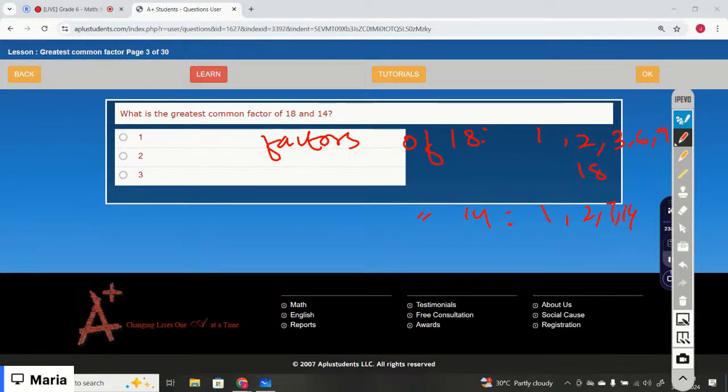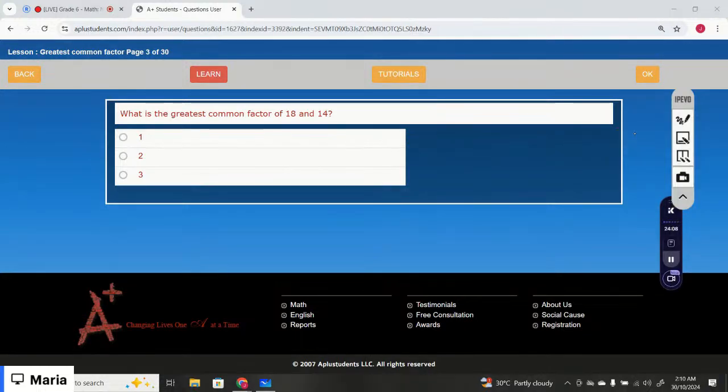So which is the greatest common factor? The greatest common factor is 2. Option number 2 is the correct option.